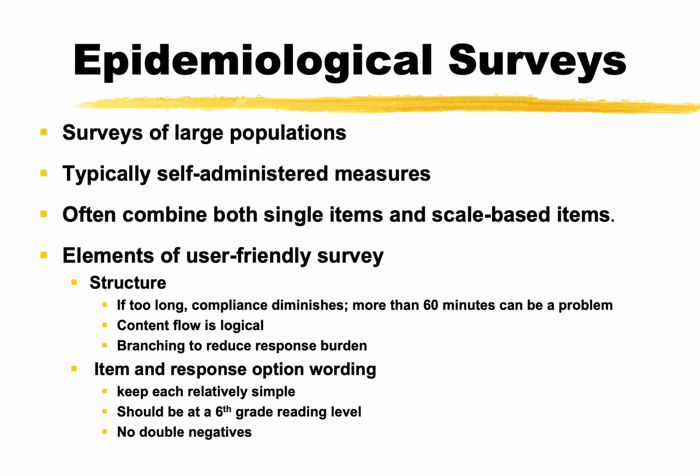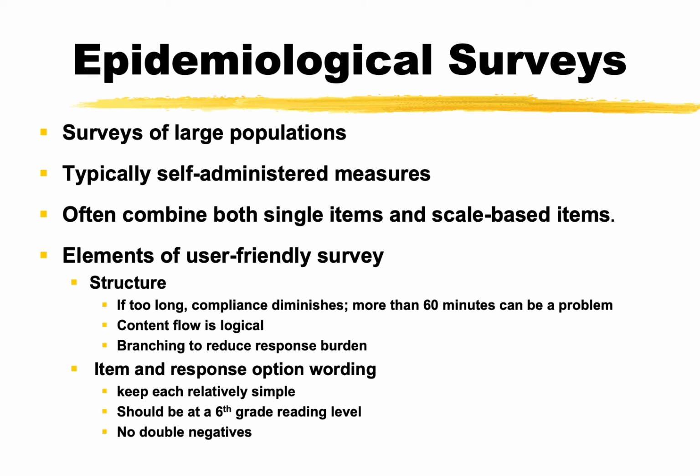The content flow of the items has to be logical and user-friendly. So typically, surveys begin with straightforward demographic items and then move later into the more sensitive topics about personal behavior. Many of them have branching rules to help reduce response burden.